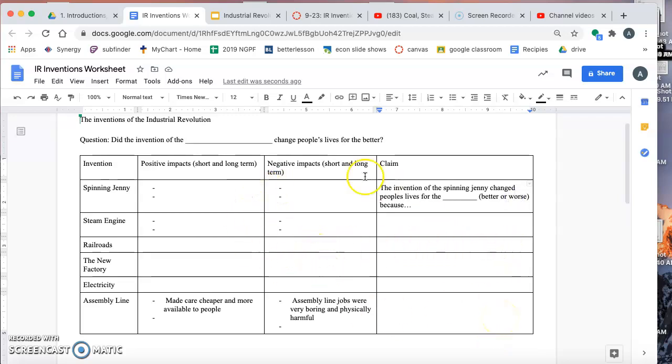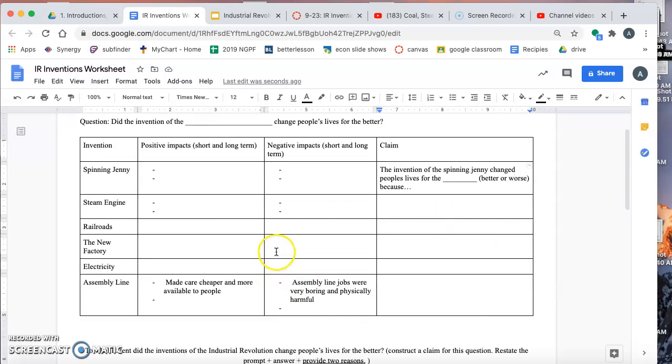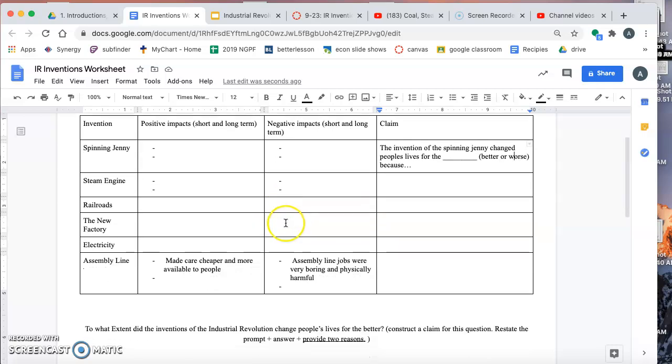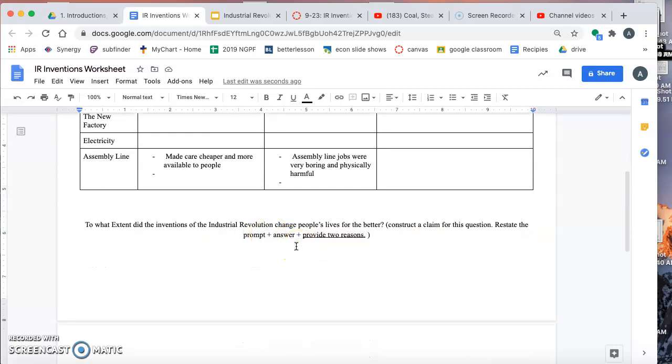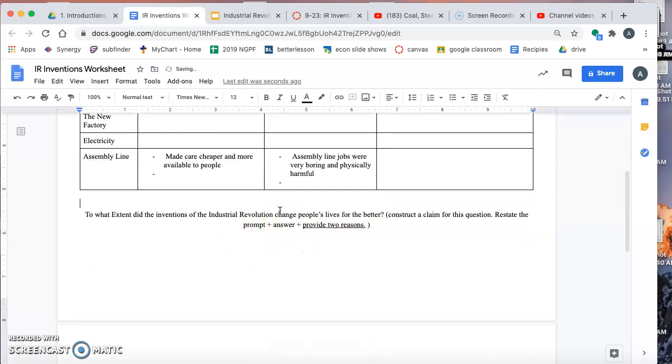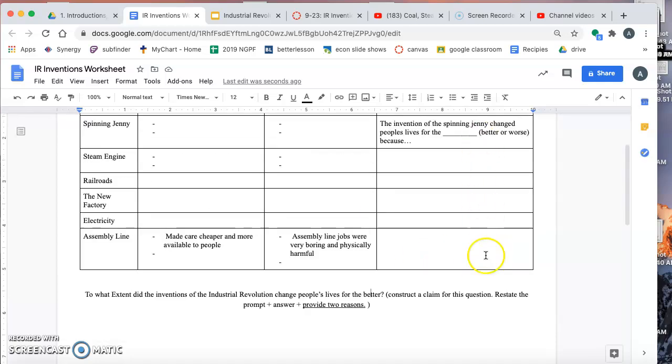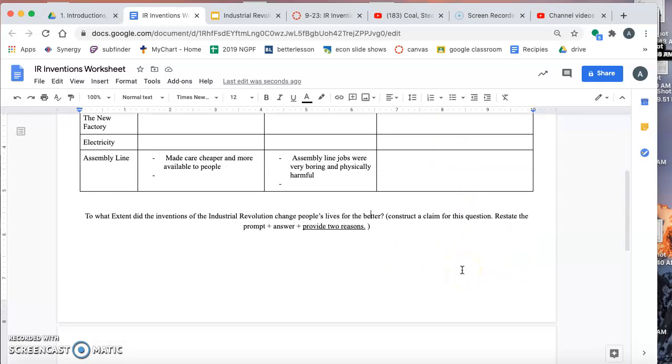Then, once you've done this for all of the pieces of technology that were developed during the Industrial Revolution, you're going to answer our big question. So our big question was, to what extent did the inventions of the Industrial Revolution change people's lives for the better? So you've just looked at them all. Now you've got to come up with a big overall claim that answers that question.